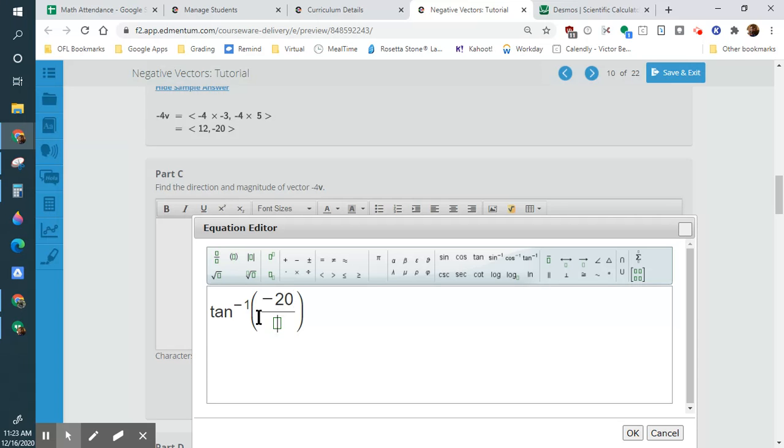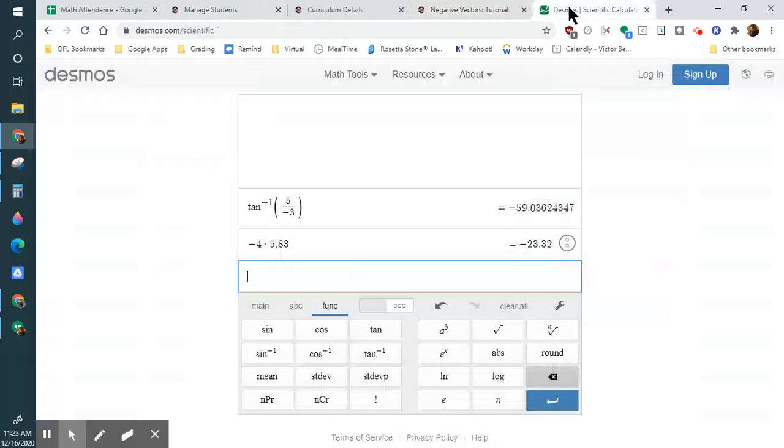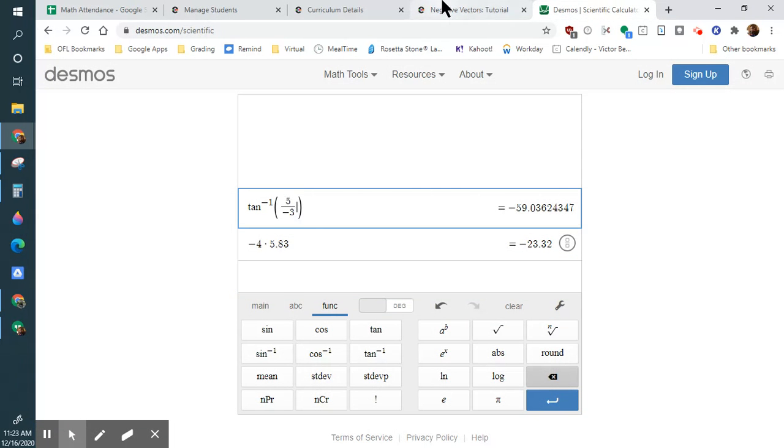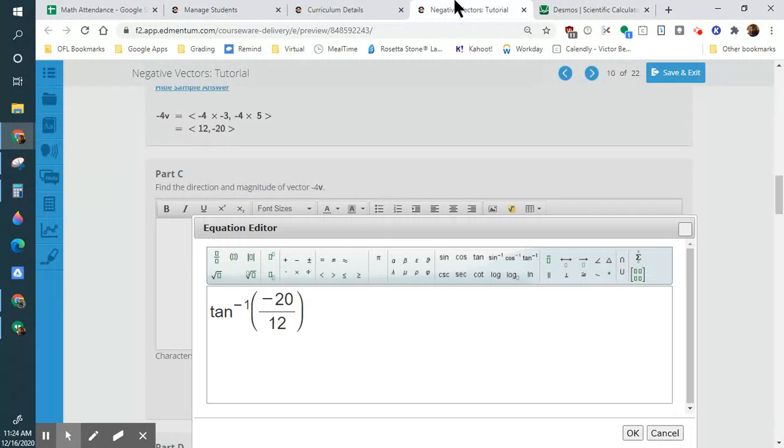Again, it doesn't matter if I would have used the original or the magnified one. So tangent inverse. Oh, but we already have that. Oh, but now the signs are different. Well, they are and they aren't because they technically switched. All right, so that should still give me the same.